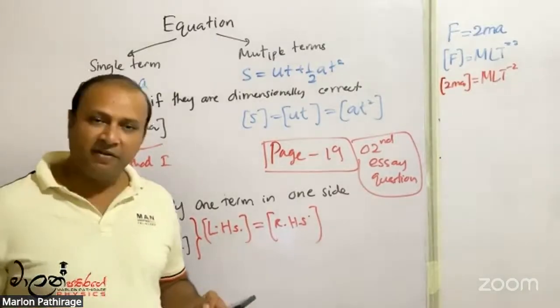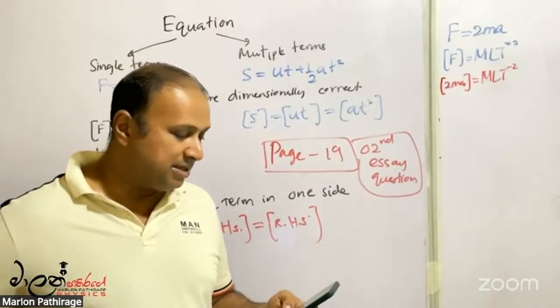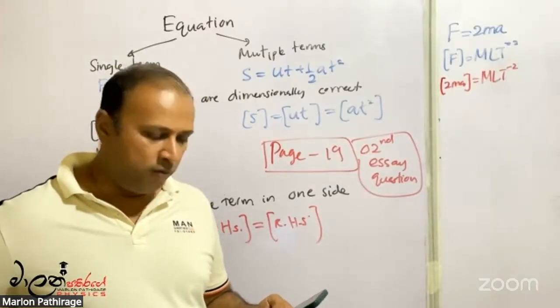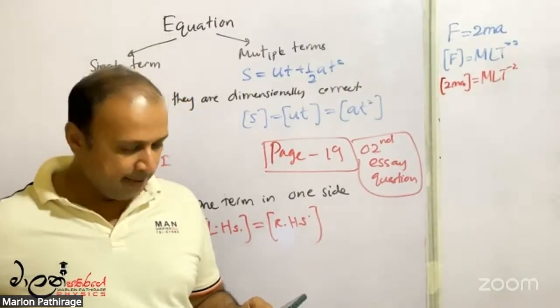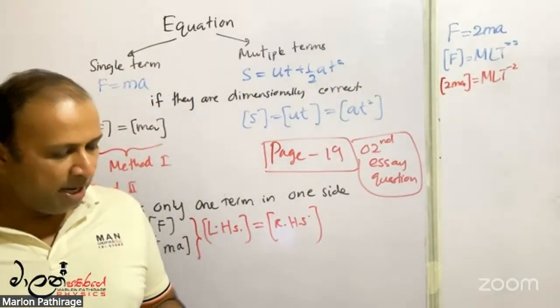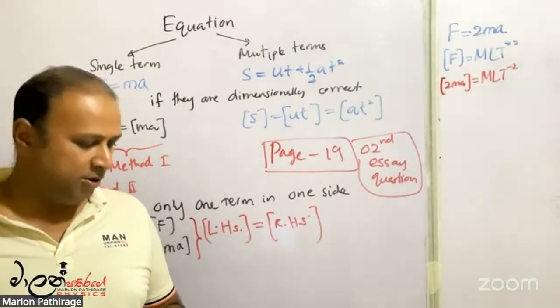Then there are 10 questions. First one is s equals ut plus half at squared, v equals u plus at, v squared equals u squared plus 2as. Those are the equations. You have to determine whether they are accurate or not.